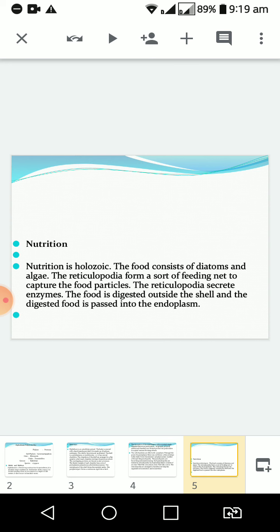The capturing of food materials is done by reticulopodia, which also secrete enzymes. Food is digested outside the shell, and the digested food is passed into the endoplasm. So this is about the nutrition.